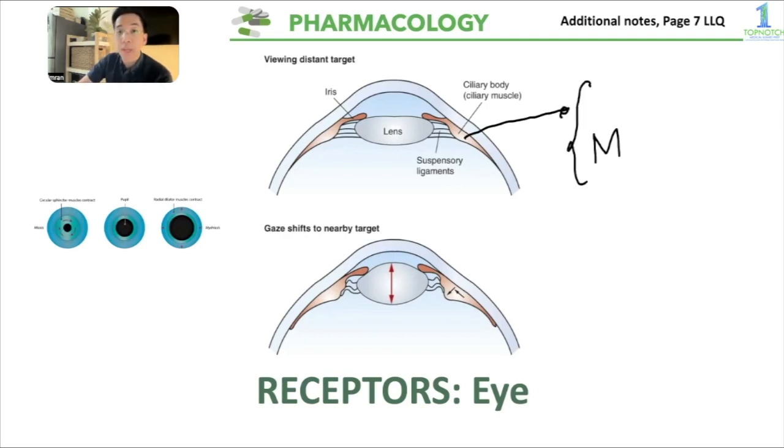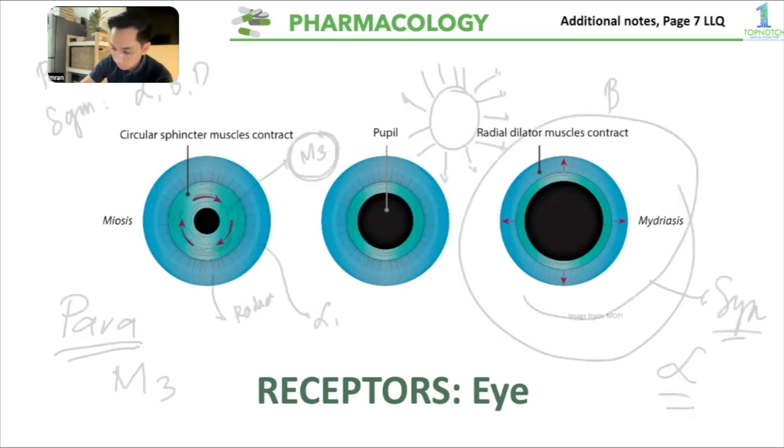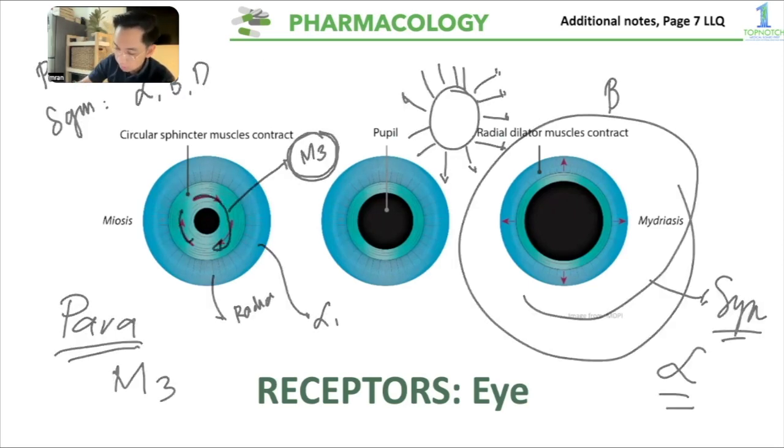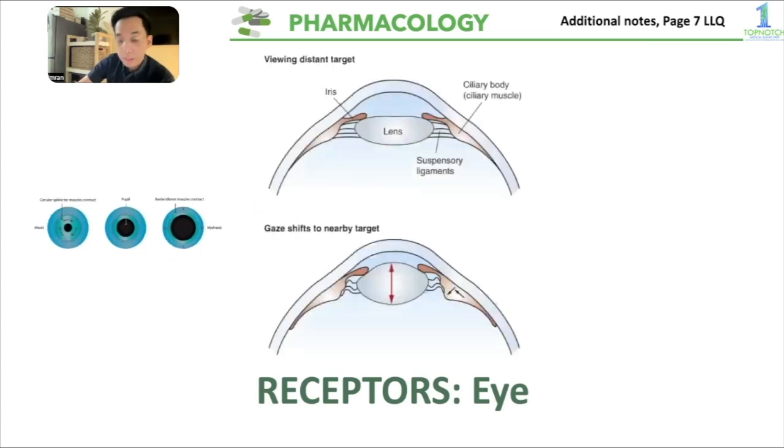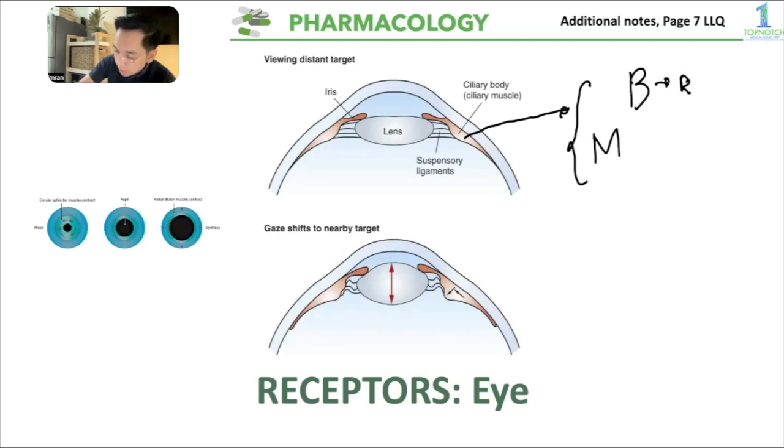May beta receptor siya and may muscarinic receptor din siya. Sorry, nagkaka-technical glitch. Okay, so yung beta receptors natin, it will cause relaxation of your muscles, while your muscarinic receptor will cause constriction.